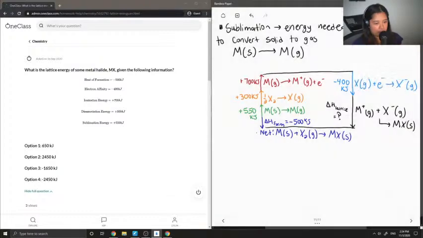So this can be written as an equation where your delta H of formation is equal to the sum of all these different energy steps.